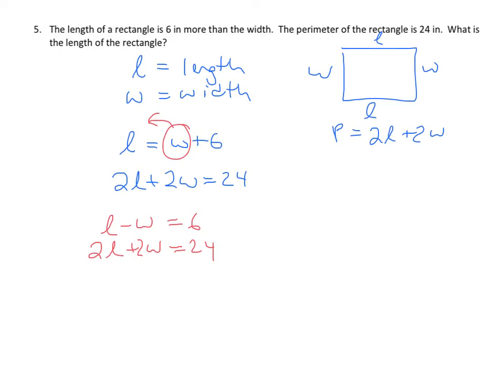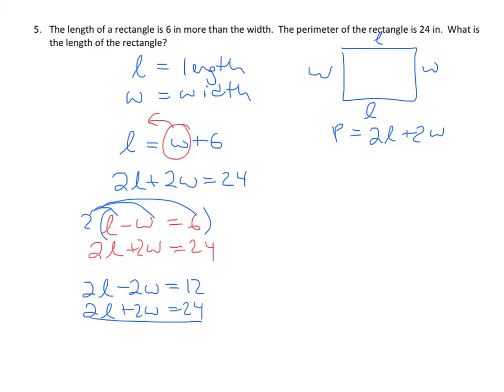But the variables won't cancel, so I need to multiply the top equation by 2, and then the W's will cancel. So I'm going to multiply everything by 2. And on the top I get 2L minus 2W equals 12. The bottom equation stays the way it is, 2L plus 2W equals 24.